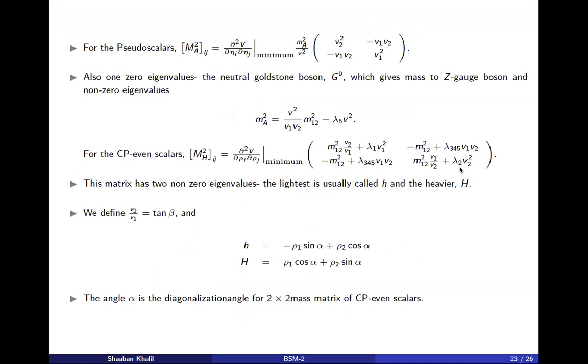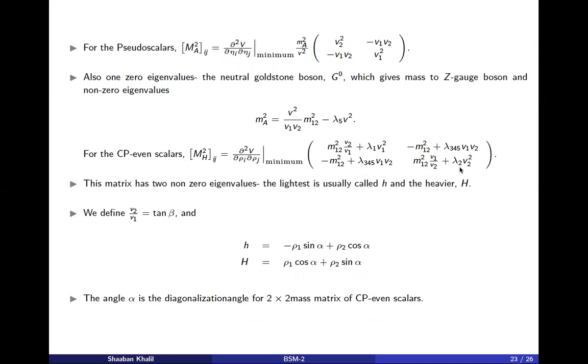So for the pseudoscalar, M_A squared ij will be the second partial derivative of V with respect to eta_i and eta_j at the minimum. It is very important to substitute with the minimum, otherwise you are not really calculating the masses. The masses are given around the minimum, after you fluctuate the field around it. Here will be this mass matrix, which is very similar to the charged Higgs.